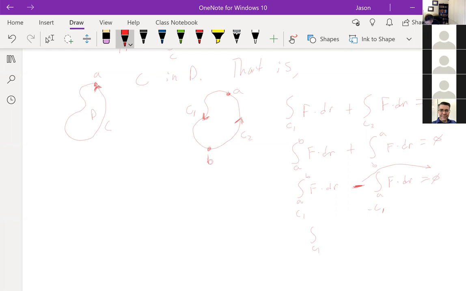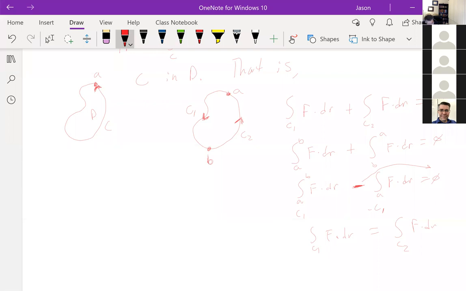Because I should end up with C1 f dot dr equal to negative C2 f dot dr. So as I'm going one direction, that doesn't work backwards. Why is it not working backwards?